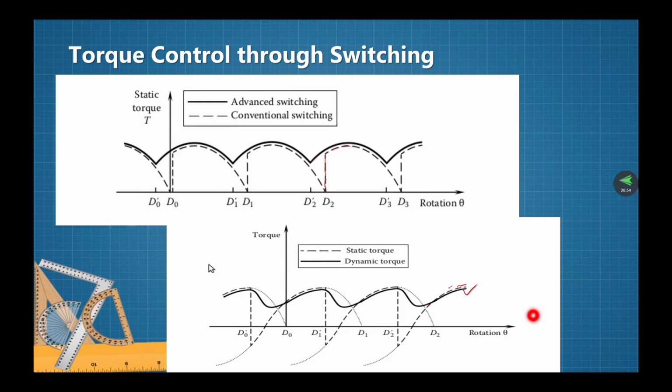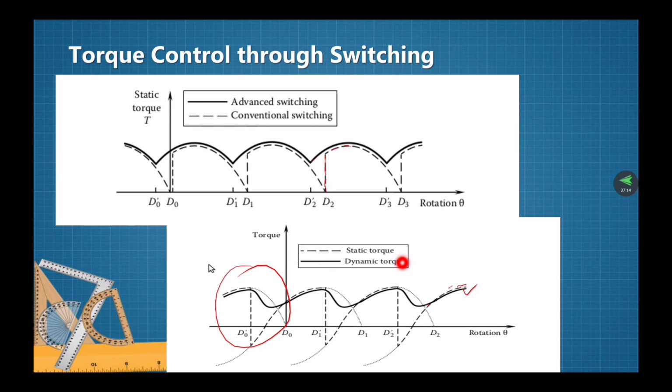At the switching point, although the static torque curve takes a negative value, in some region under this advanced switching sequence, the dynamic torque stays positive at all times.